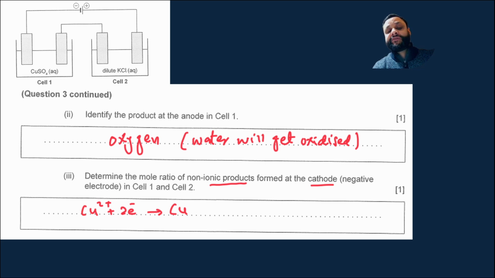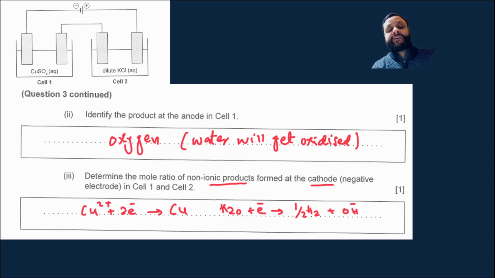And in cell 2, it is the water that gets reduced. If I look in the data booklet, we have H2O plus e minus, and we will have half H2 plus OH minus.